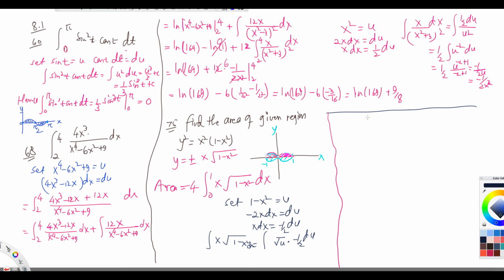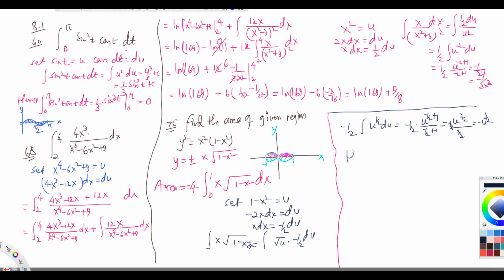So that is negative 1/2 times the integral of u to the 1/2 du. That will be negative 1/2 times u to the power negative 1/2 plus 1 over negative 1/2 plus 1. Negative 1/2 plus 1 is positive 1/2, so we get u to the 3/2, with negative 1/2 in front, divided by positive 1/2. The 1/2 and 1/2 cancel out. That is negative u to the 3/2.